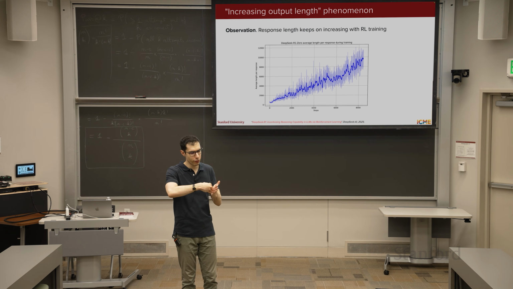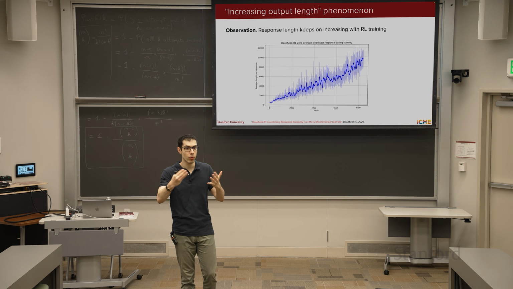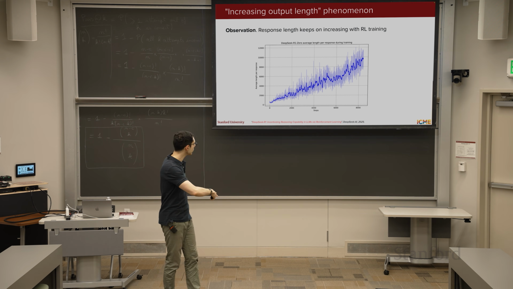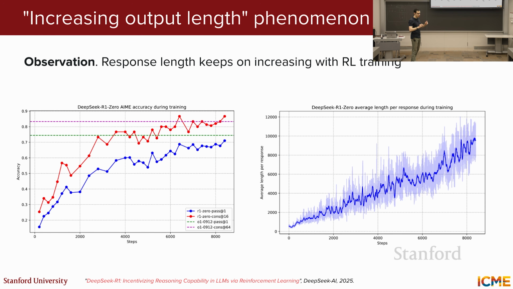This is mainly coming from the reasoning chain being more and more sophisticated. And when you compare this graph with how the performance of the model improves, you see that this increase in length is actually correlated with an increase in performance.